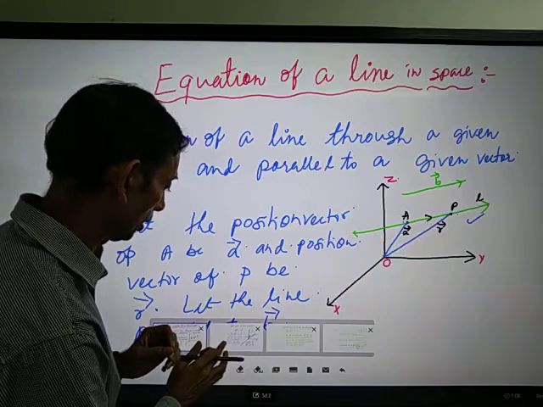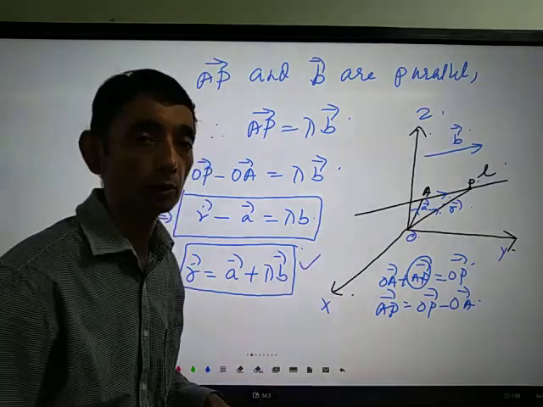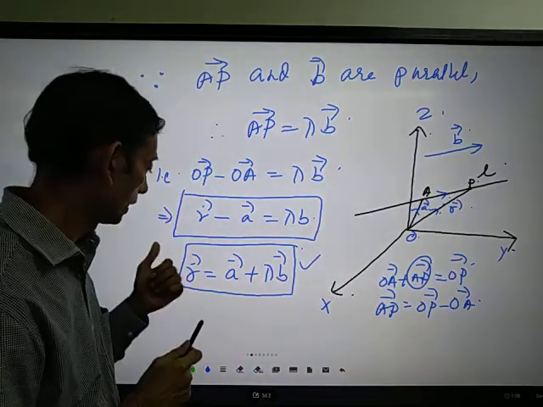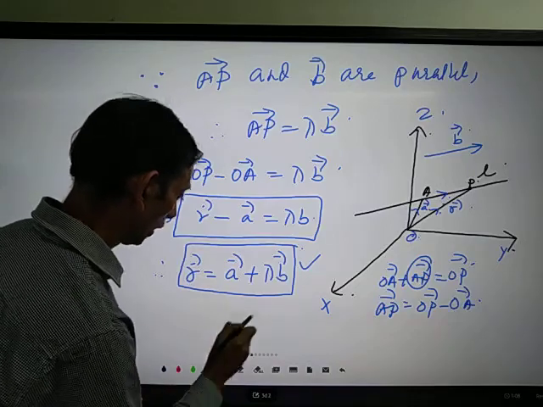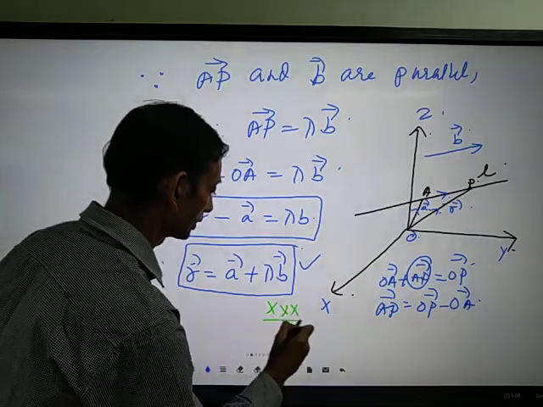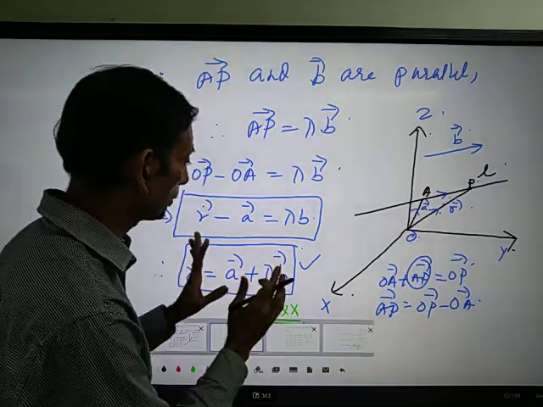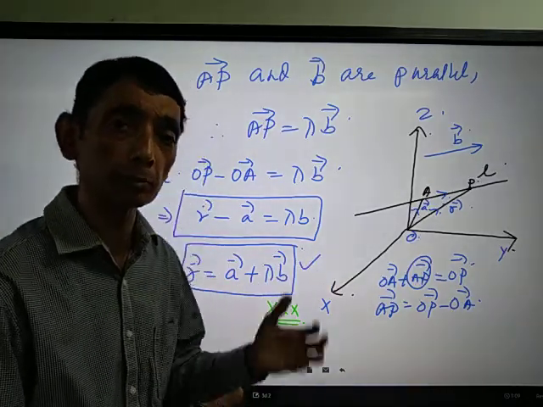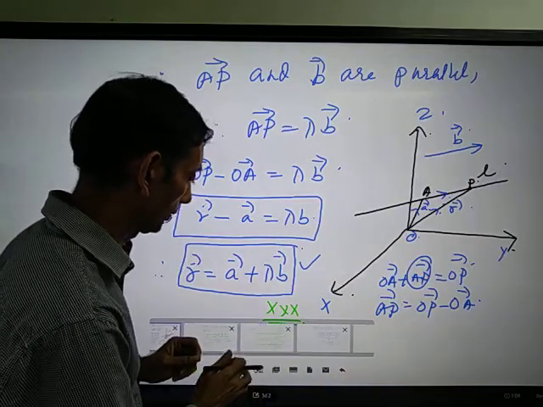So this is the vector equation of the line, that is r equal to a plus lambda b, and this is a very important equation. The derivation as well as every point related to it is important, and many questions are solved using this particular equation of the line.